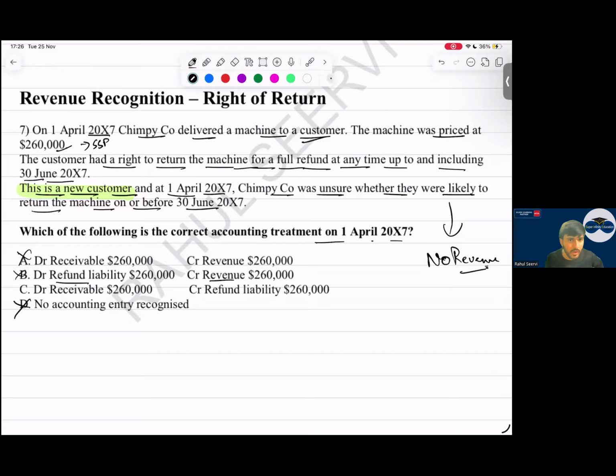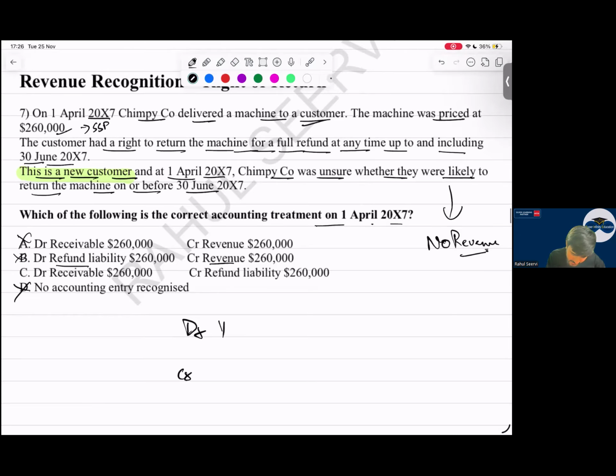We have to pass an accounting entry, because on one side we have a receivable of 2,60,000, and on the other side we have a refund liability of $260,000.